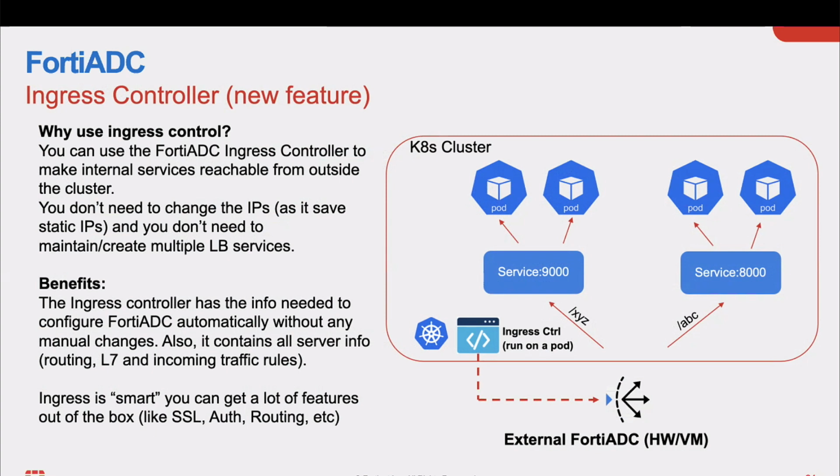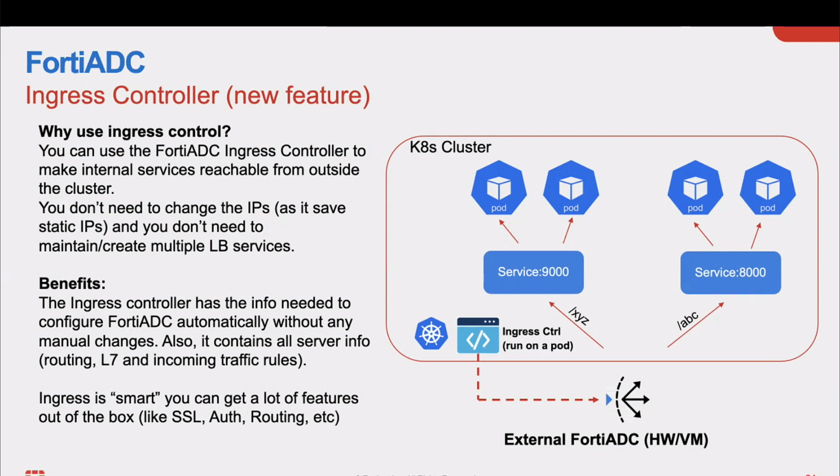So the FortiADC Ingress Controller will intelligently update or give information. It will list and watch for the services, for the pod, and for the node information. And it will let the FortiADC know the changes in real time. And the second thing is, it will also convert the Kubernetes objects into FortiADC objects.